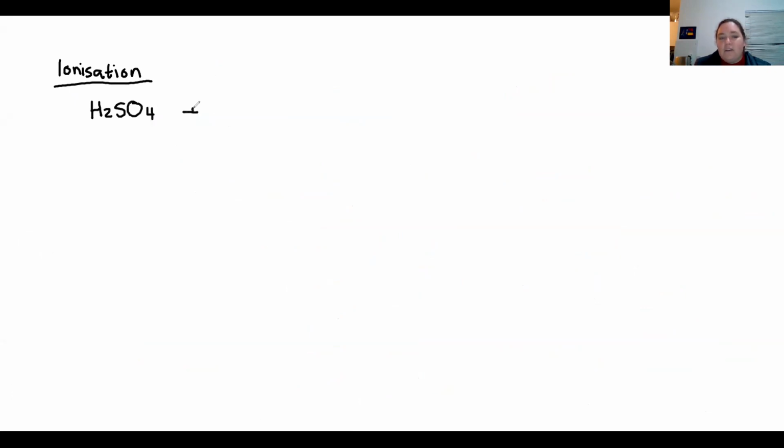So if we react sulfuric acid with water, we will once again produce H3O+, hydronium ions. Now, the problem, although it's not really a problem, with sulfuric acid is that it is what we call diprotic. Diprotic means it can give off 2 protons. And when it comes to ionization, we have to appreciate that it can give them off one at a time or both together.